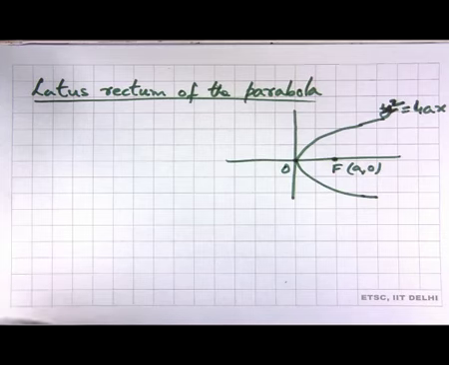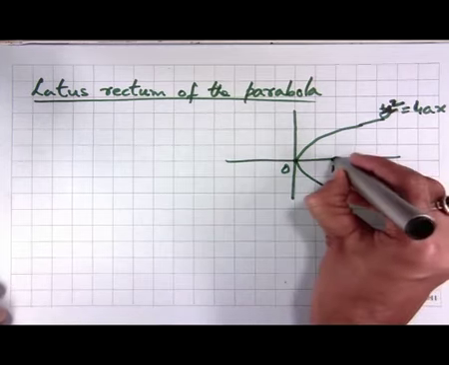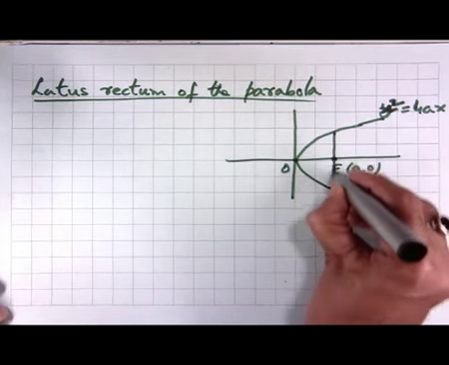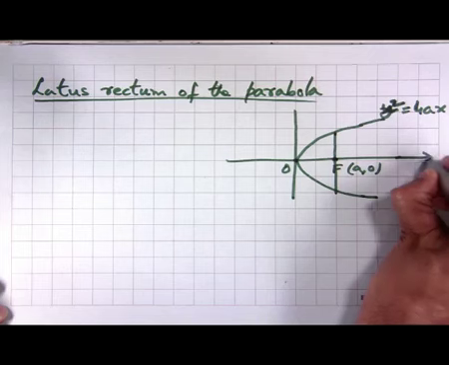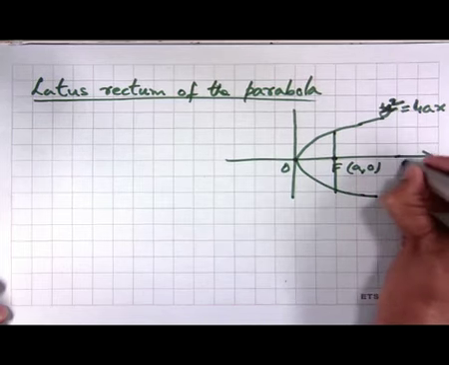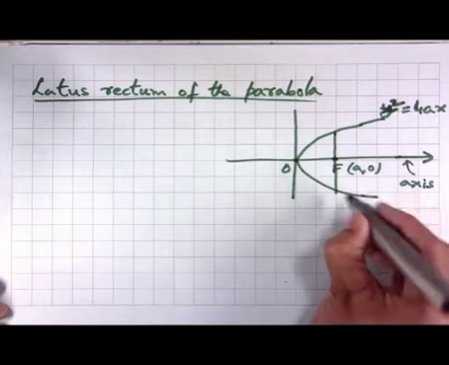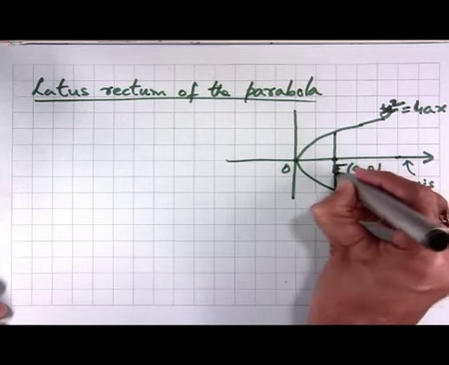Now, the latus rectum is the line segment which is perpendicular to the axis of the parabola. So, this is the axis of the parabola here, and it passes through the focus.